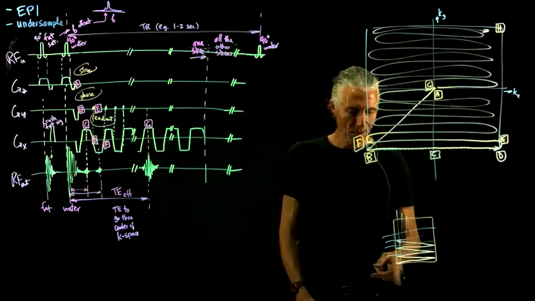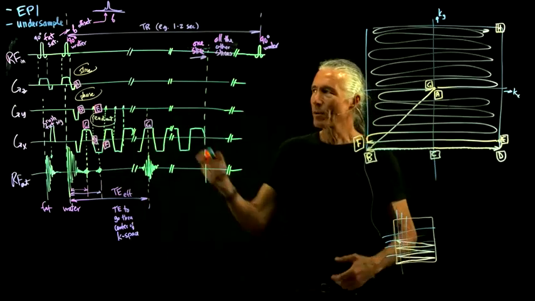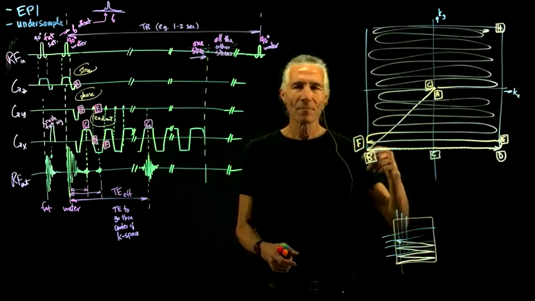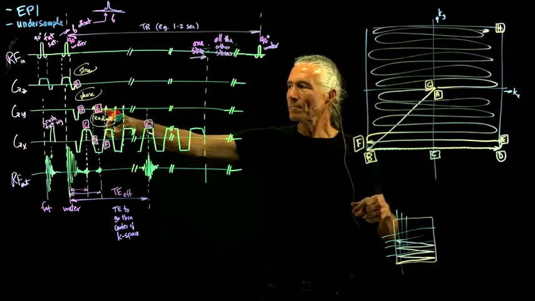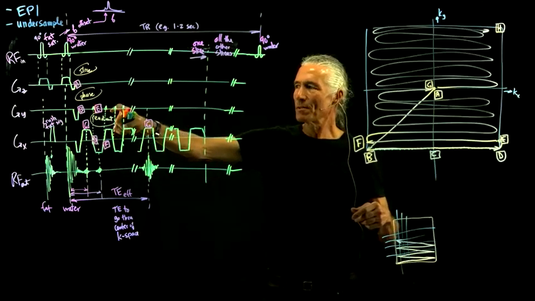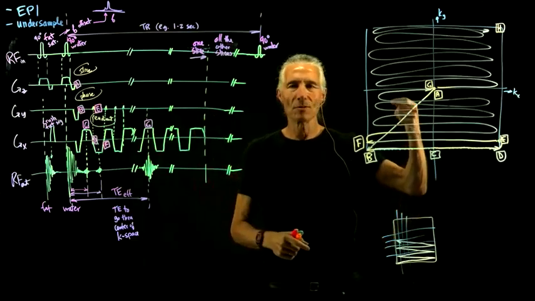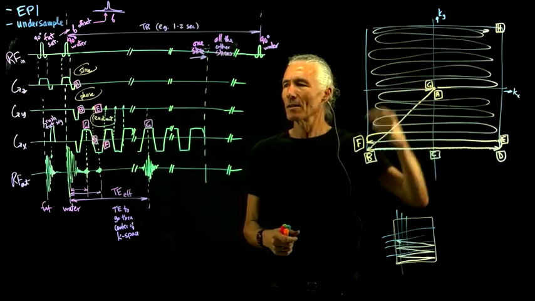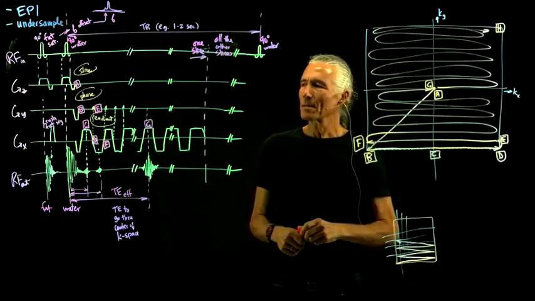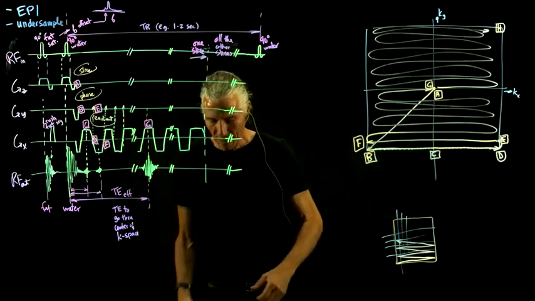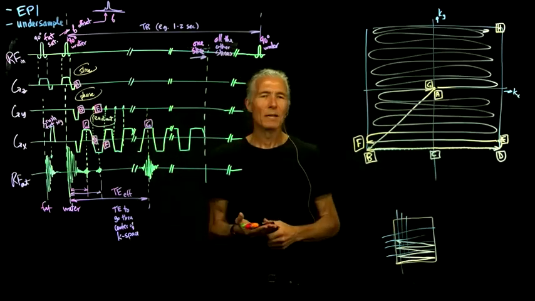So that's the very original echo-planar imaging: just turn the phase encode gradient on at a small level and keep it on the whole time, and that will slowly advance you across K-space. Now they just do these little tiny blips.